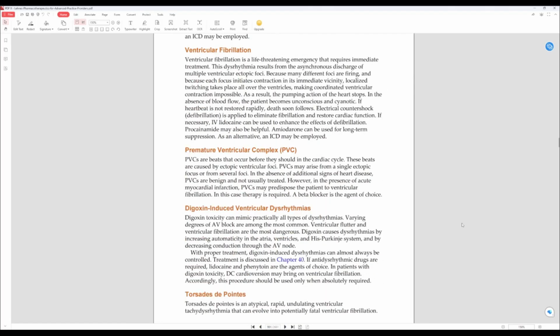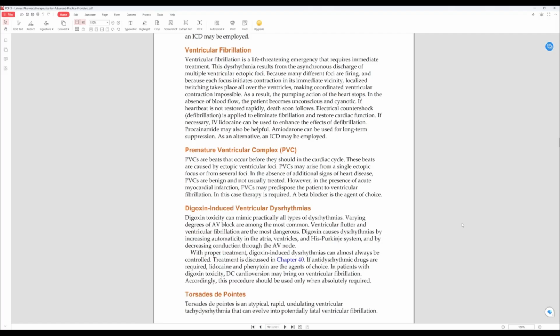Which brings us to ventricular fibrillation. Ventricular fibrillation is a life-threatening emergency that requires immediate treatment. This dysrhythmia results from the asynchronous discharge of multiple ventricular ectopic foci.